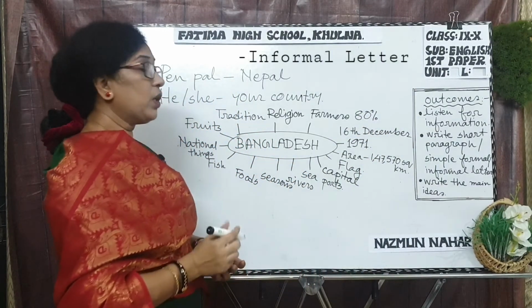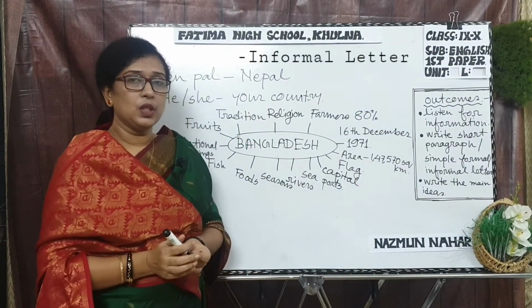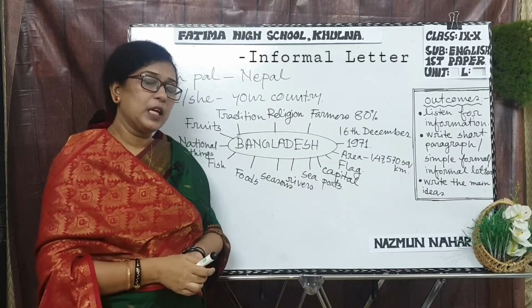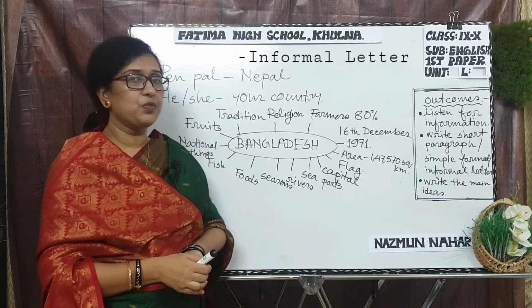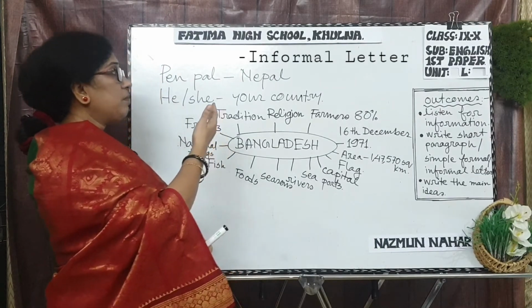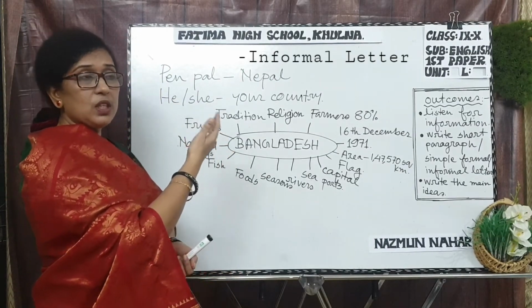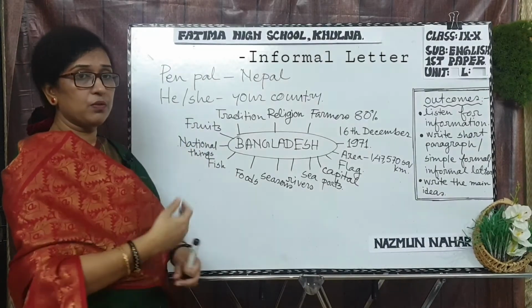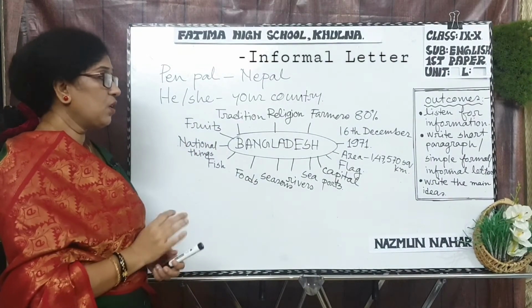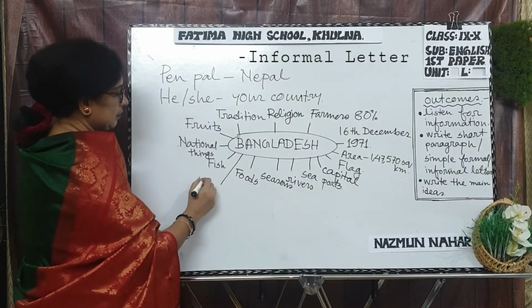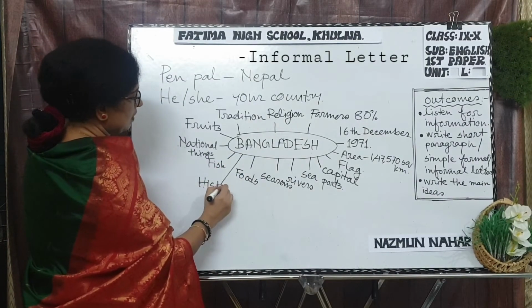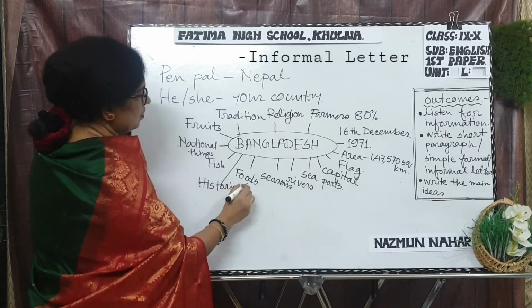Next number, we can also write about the World Heritage Sites, that means the historical places of Bangladesh. If you want to visit Bangladesh, or he or she comes from Nepal, he or she will visit some historical places.